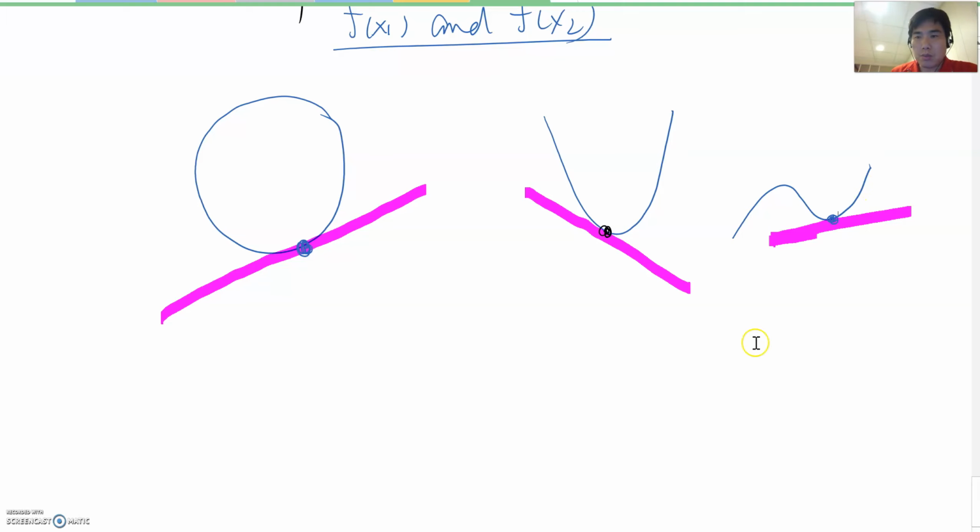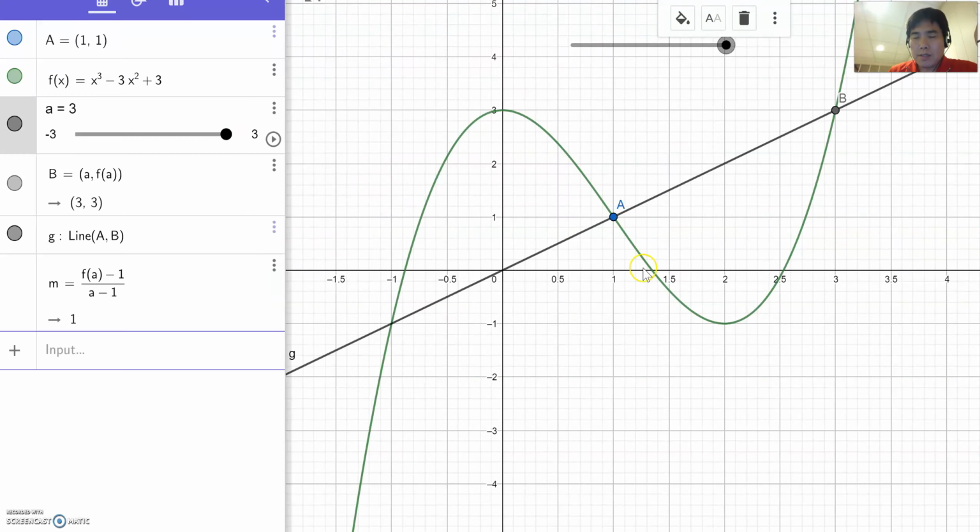So through a graphing program activity, we want to double check what this means. Let's go to the GeoGebra program. I generate one function here: f(x) equals x cubed minus 3x squared plus 3. I made one fixed point, which is (1, 1), and I made one point which can move.